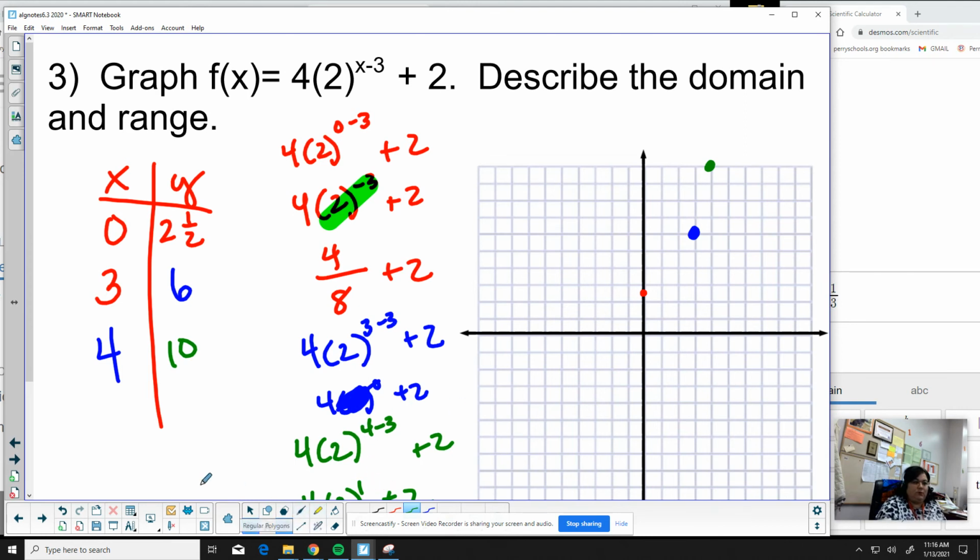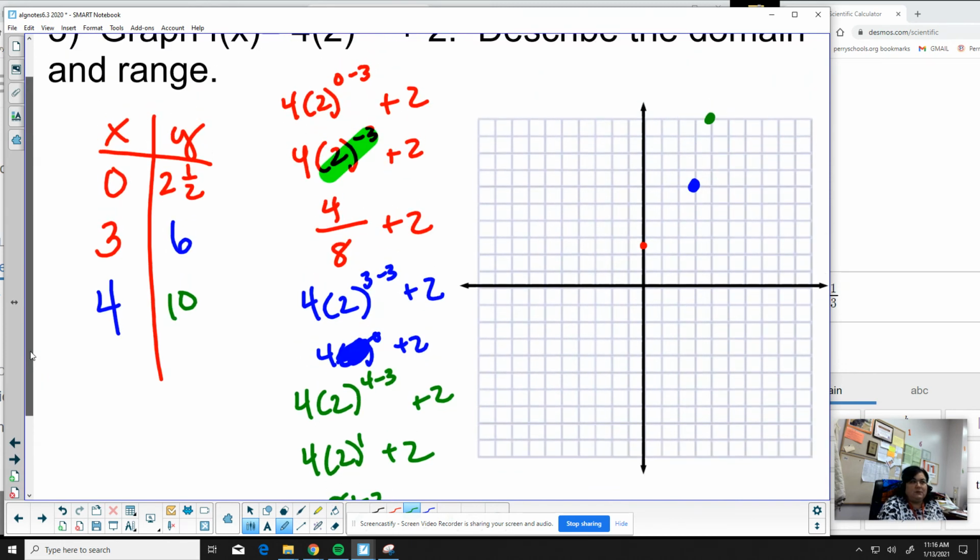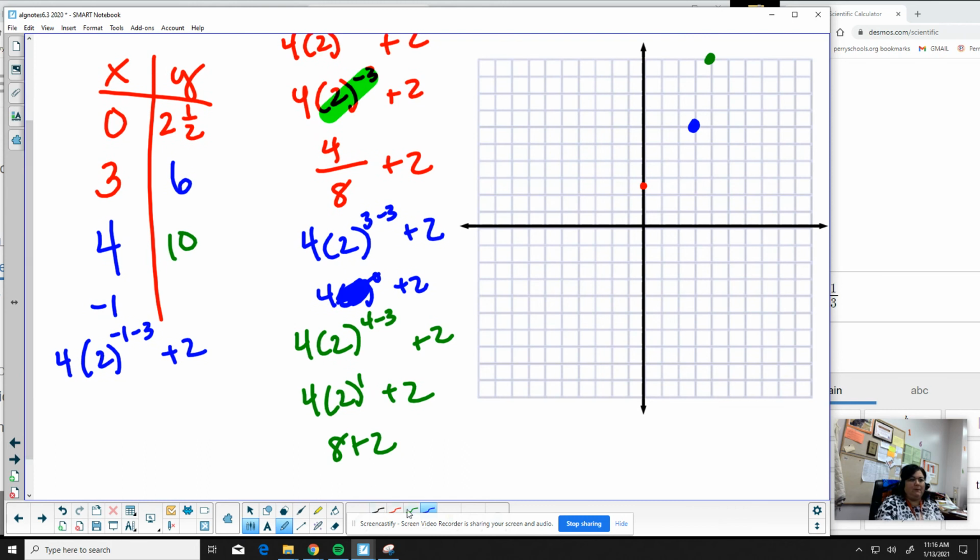So I need some room. Let's go negative 2. Actually, let's do negative 1. Yeah, let's do negative 1. Okay, so 4, negative 1. So 4 times 2 to the negative 1 minus 3 plus 2. All right, negative 1 minus 3 is negative 4. And this part of this expression is unhappy.